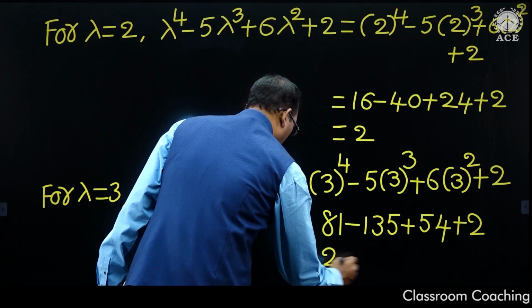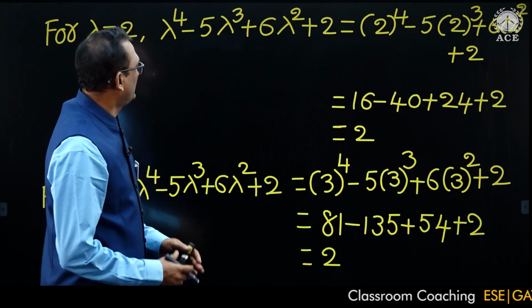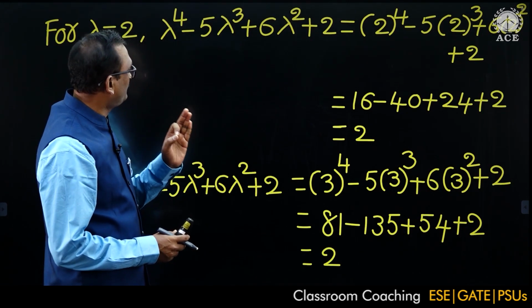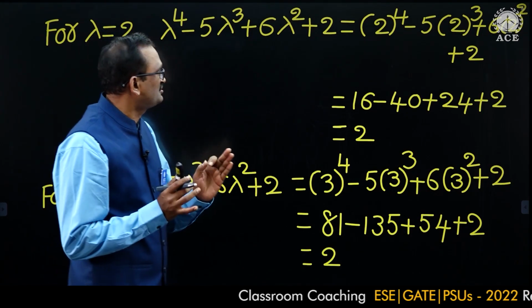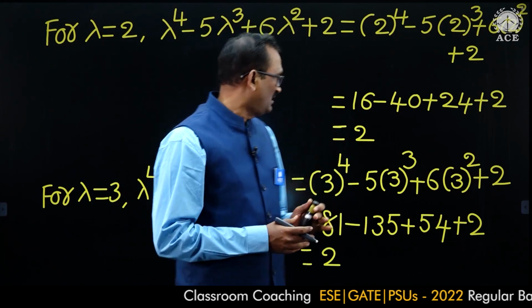So after simplification it gives 2. Therefore the eigenvalues of a to the power of 4 minus 5a cube plus 6a square plus 2i are 2, 2.